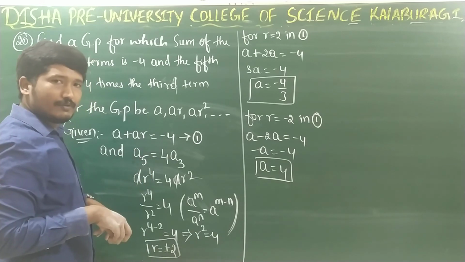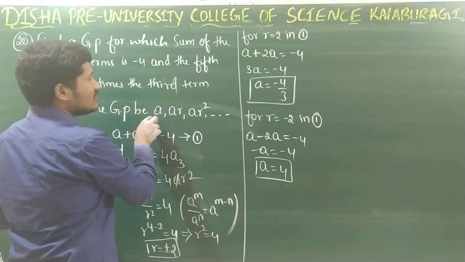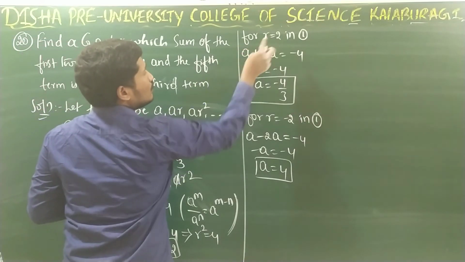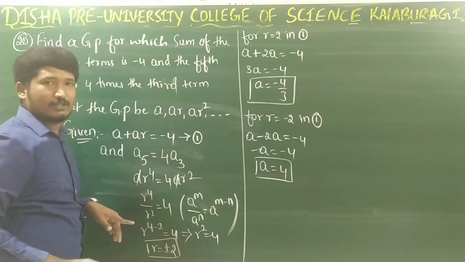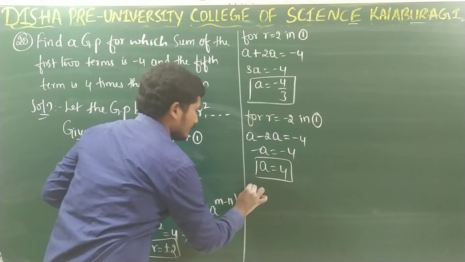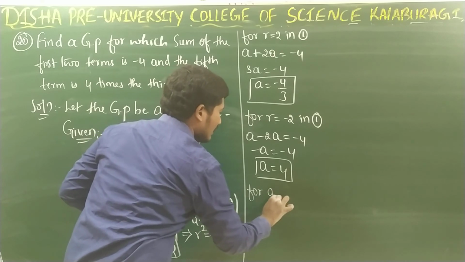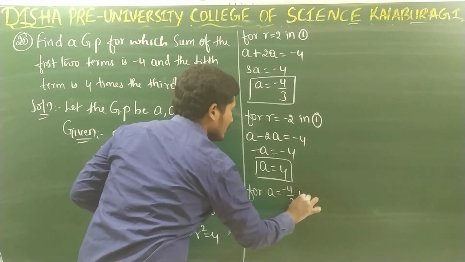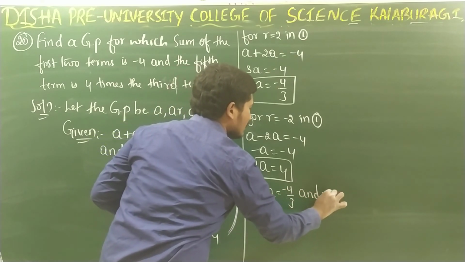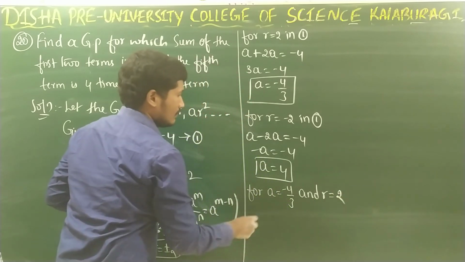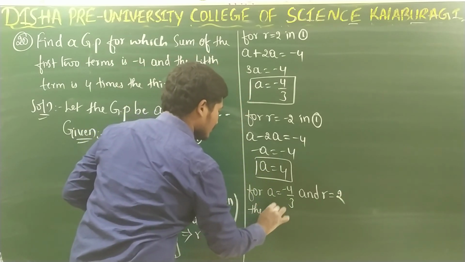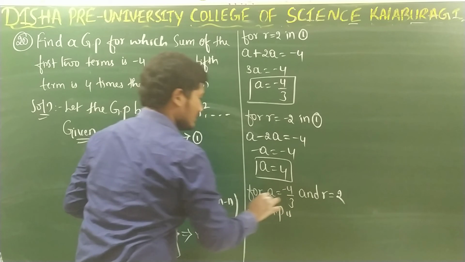First we will calculate the GP for r is equal to 2 and a is equal to minus 4 by 3, right? So see here, for a is equal to minus 4 by 3 and r is equal to 2, let us see what the GP will be.